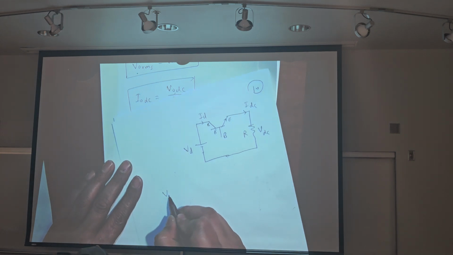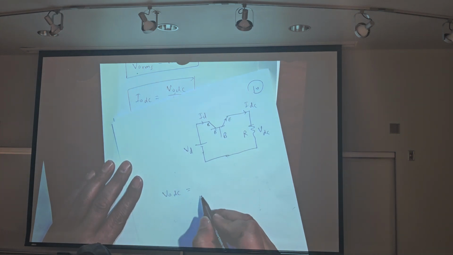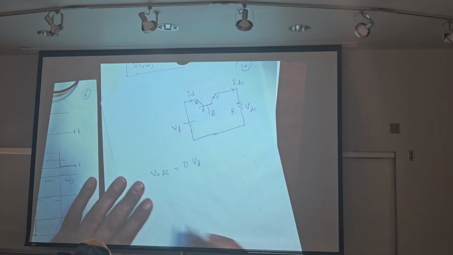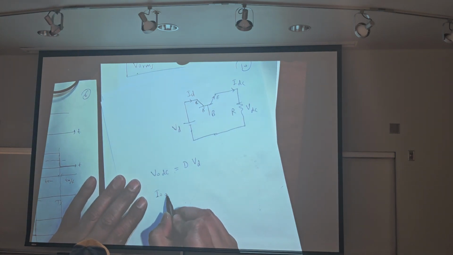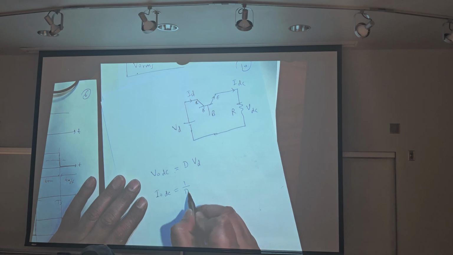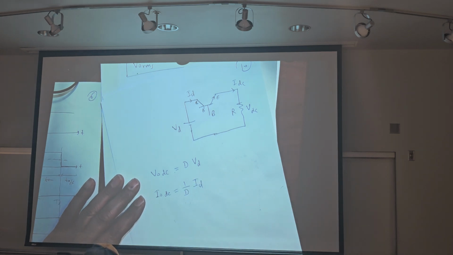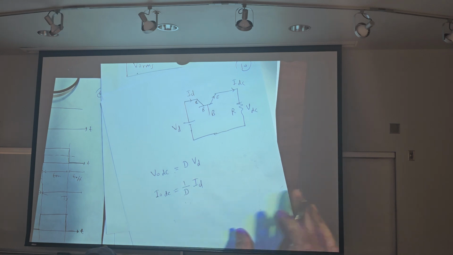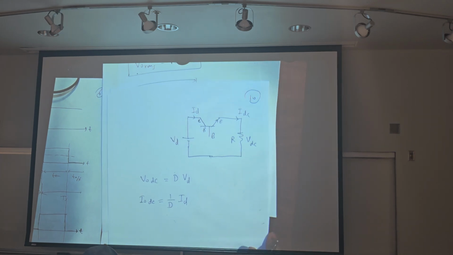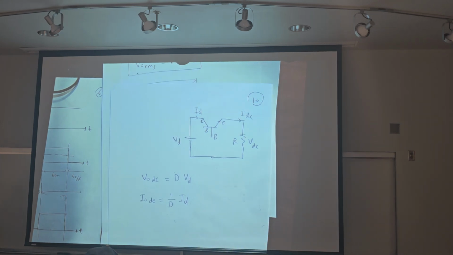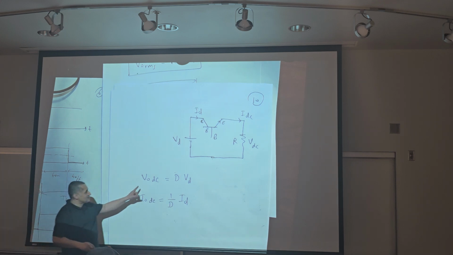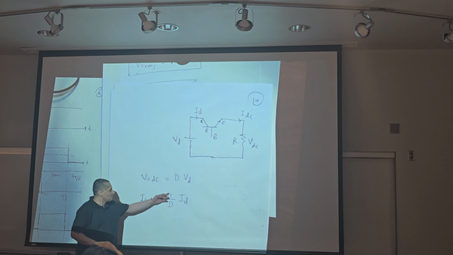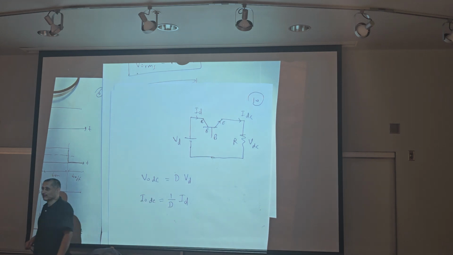We say V out DC equals dVd, right? Now I out DC equals 1 over d times ID. V out DC equals dVd, while I out DC equals 1 over d times ID.